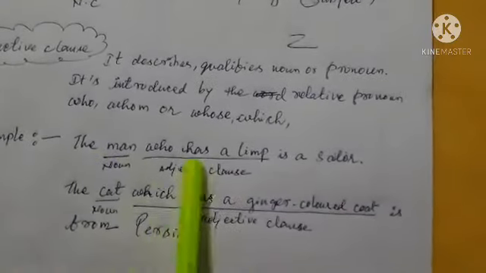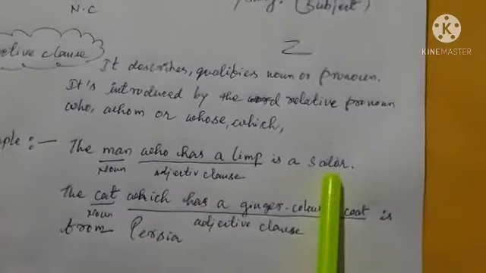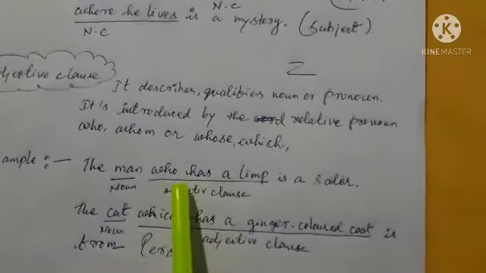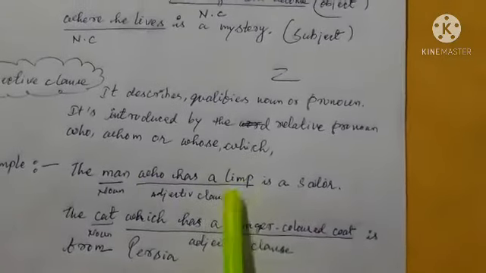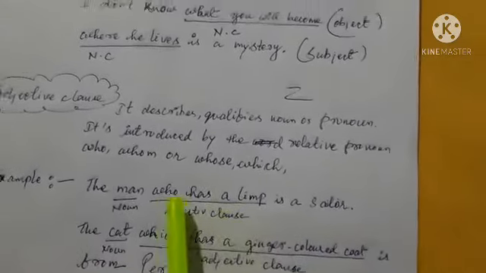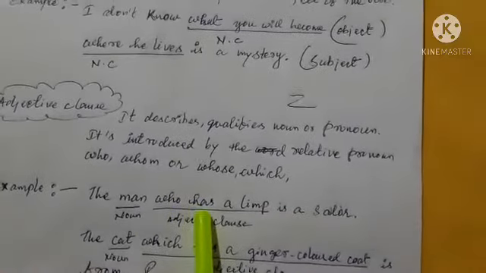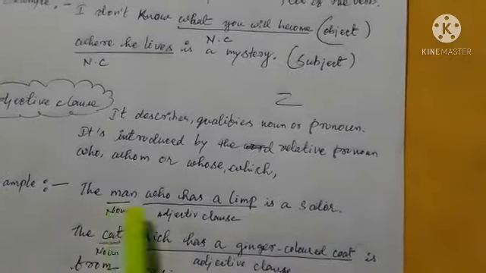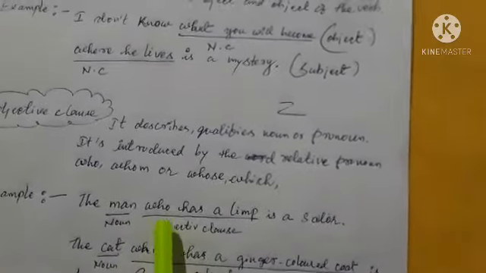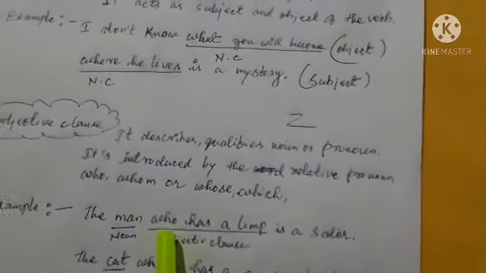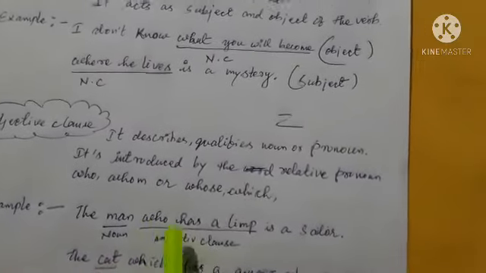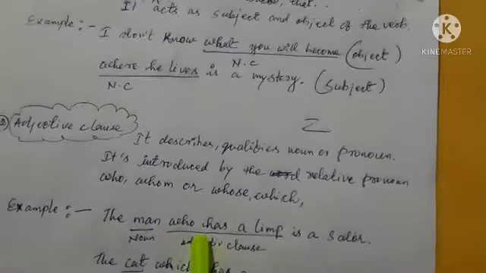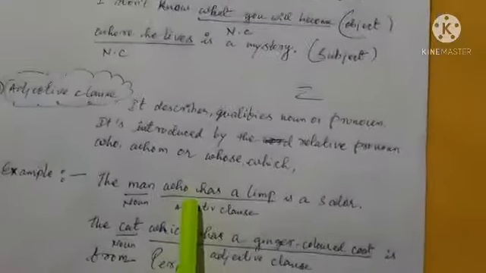The man who has a limb is a soldier. Here the underlined words "who has a limb" are an adjective clause because it describes or qualifies a noun. We can also say it is a relative clause, where the relative pronoun "who" is used, and therefore it is an adjective clause.